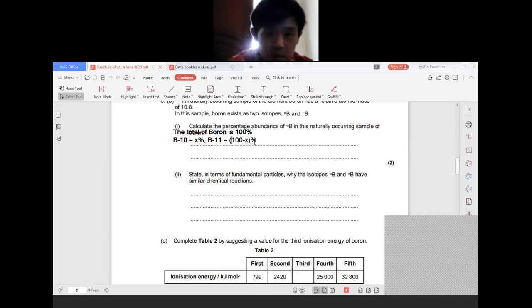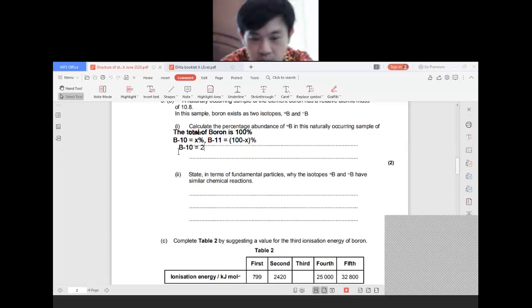Yes, correct. So boron 10, B10, equals 20%. Therefore, boron 11 equals 80%.